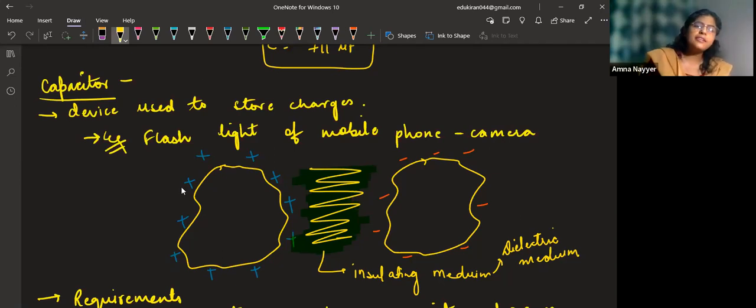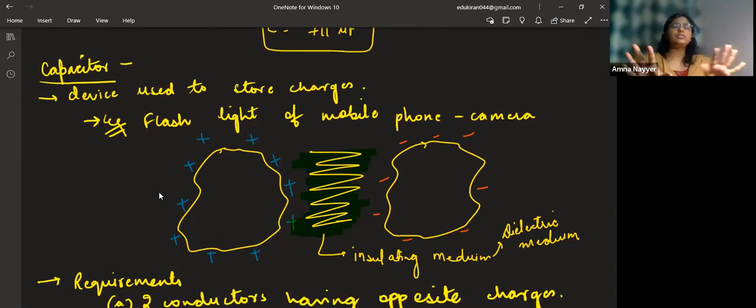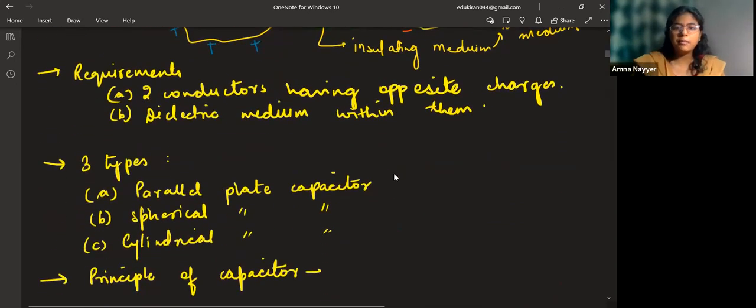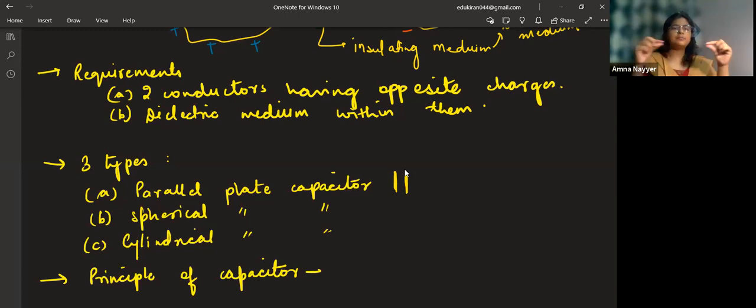See, if I take these two conductors as just single rectangular plates, then I'll obtain a parallel plate capacitor. One is this, another is this. These plates are kept parallel and a wire is joined.